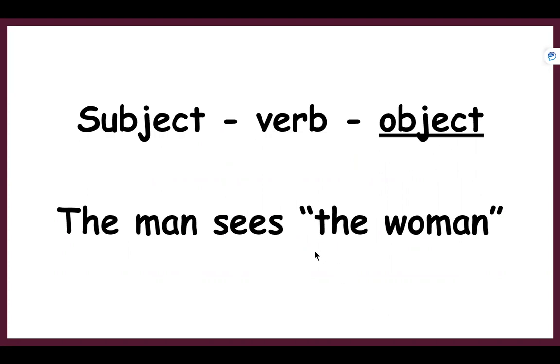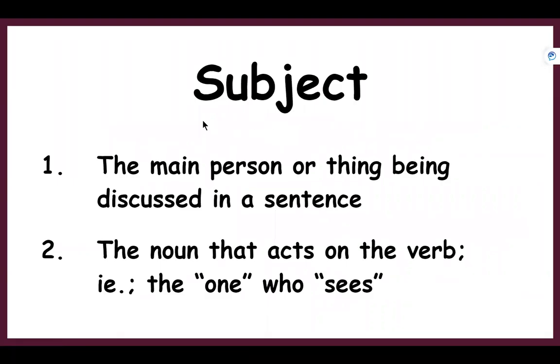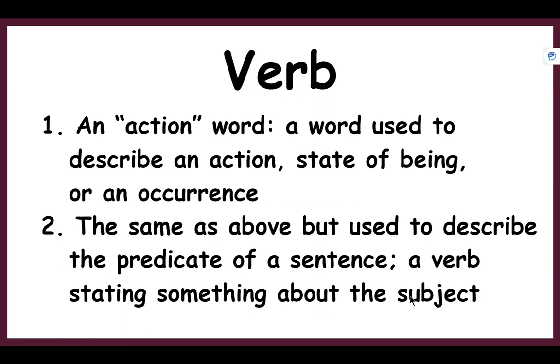And the object is the woman. So what the subject means is the main person or thing being discussed in a sentence, the noun that acts on the verb. So it's the one who sees. When we say the man sees the woman, the man is the subject because he's the one who sees.